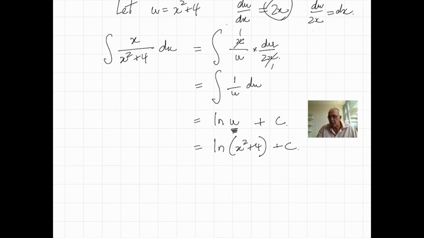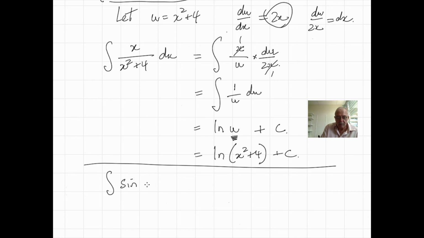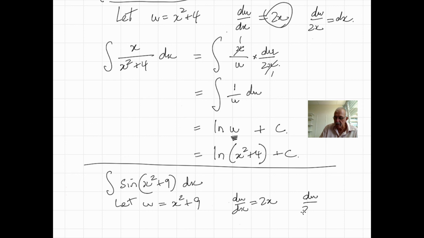Maybe at this stage I'll just show you where it doesn't work. Say you've got the integral of sine of x squared plus 9 dx, and you would say, all right, let u equal x squared plus 9. du dx equals 2x, and then we get dx the subject, so we switch those two around and we get du over 2x.